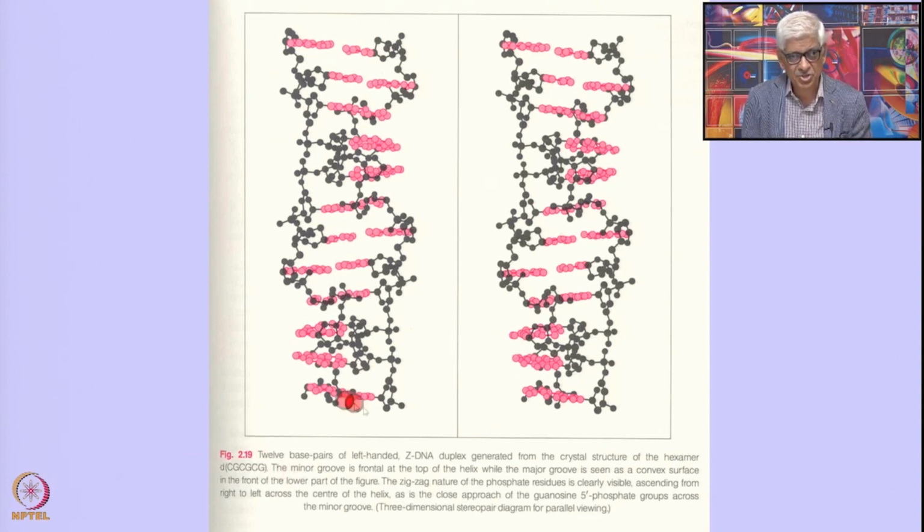CG segments, initially it was not clear whether it is actually biologically present or not. This is called the zigzag nature of the phosphate residues that you can see. So, that is why it is called Z DNA. It is zigzag in nature.